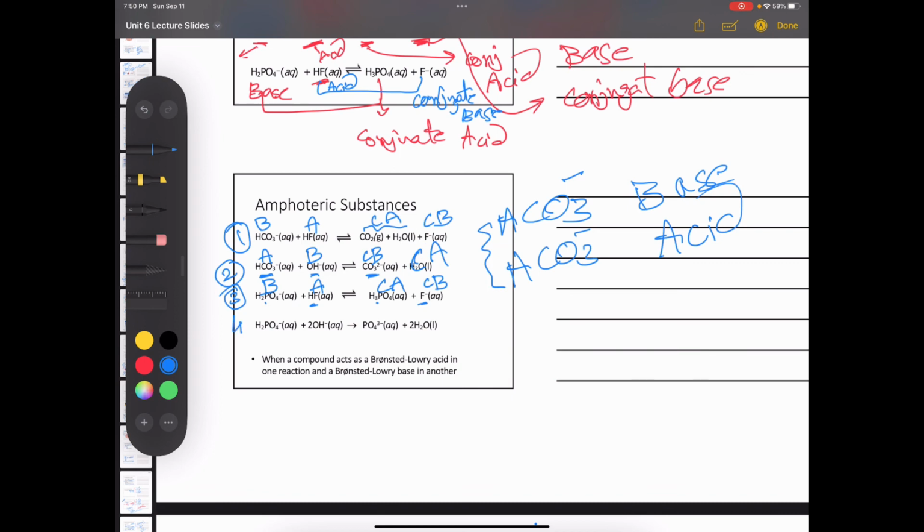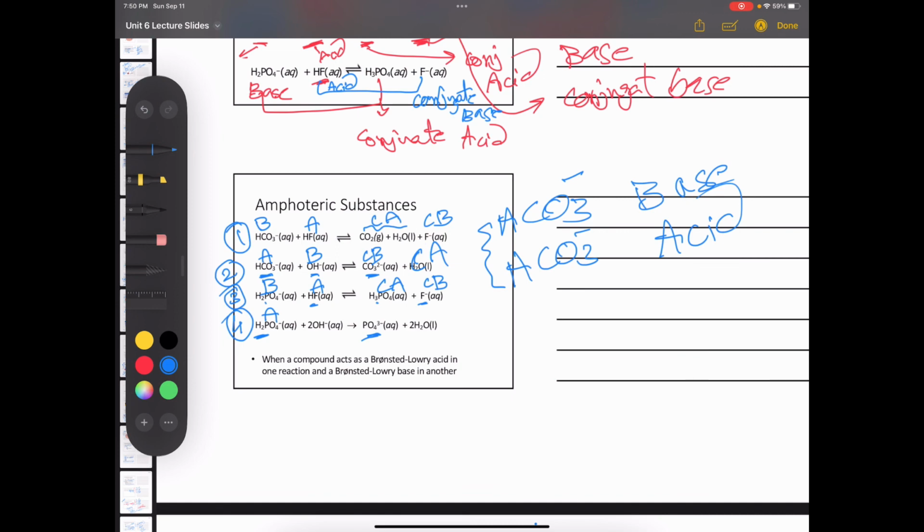In reaction number four, it is reacting with hydroxide, and we can see here the protons, or the hydrogens, are no longer associated with the phosphate. In fact, the phosphate is now sitting by itself. So the hydrogen phosphate is the proton donor. It donated these protons, so this makes it the acid, unlike the first reaction, where it was the base.